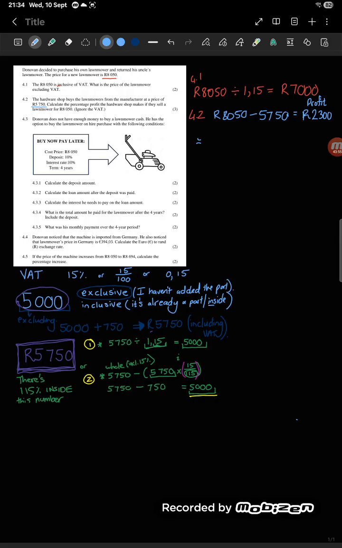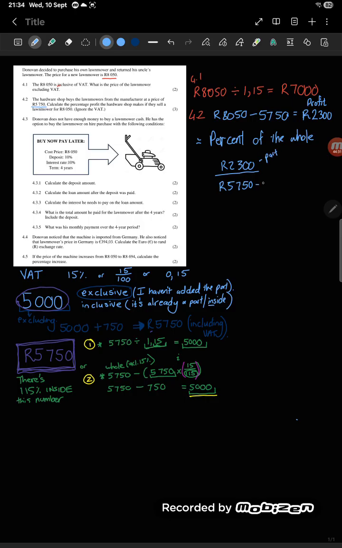Anyway, we want to find out what the markup is, or what the percentage profit is. Calculate the percentage profit the hardware shop makes. So what they're really asking is, what percent of the whole is that? So 2,300 Rand is some kind of percent of 5,750 Rand. Can you see I divided them by each other?